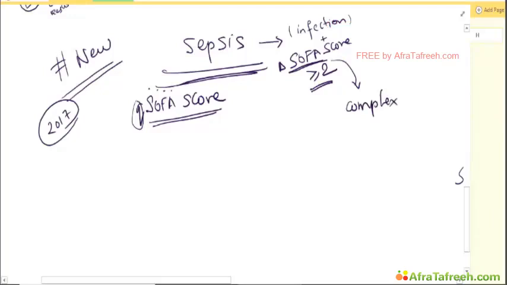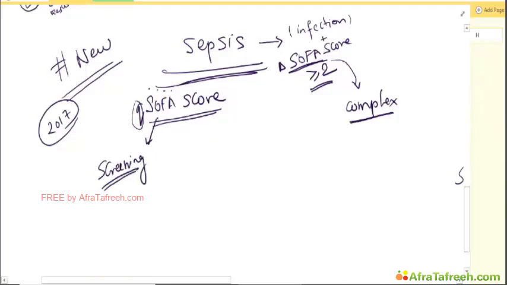It's not very handy when used in the emergency department, when you don't have a lot of time and a lot of things to be done to the patient, so easier tools would be required, not something as complex as a SOFA score. A quick screening tool, therefore, is used, which is called the Q-SOFA score.